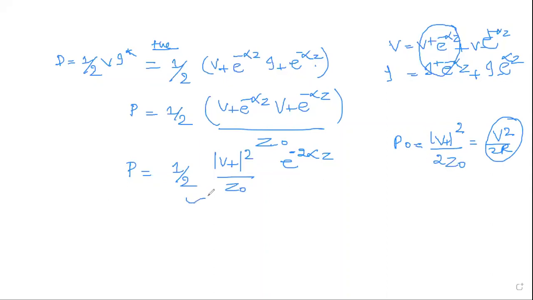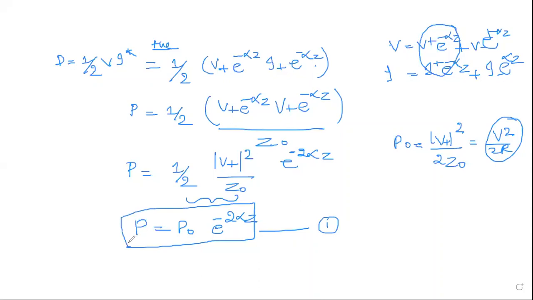So I can replace this power as P naught into e to the power minus 2 alpha Z, which is equal to P. Consider this equation as 1. This is nothing but the output power at Z equal to 0.